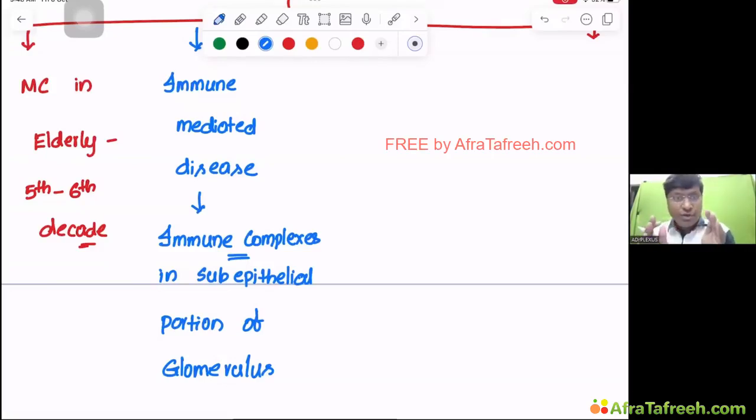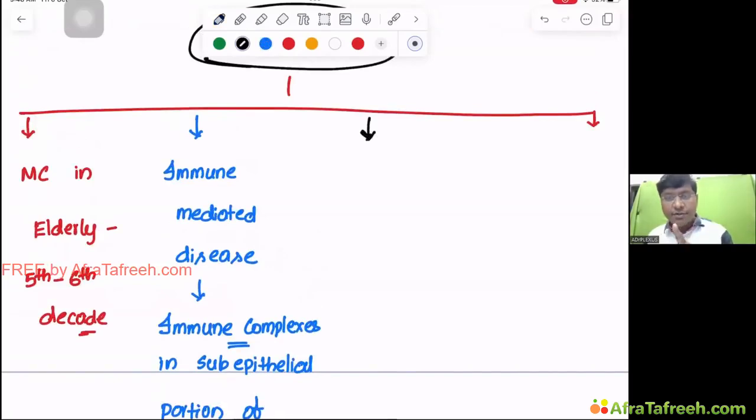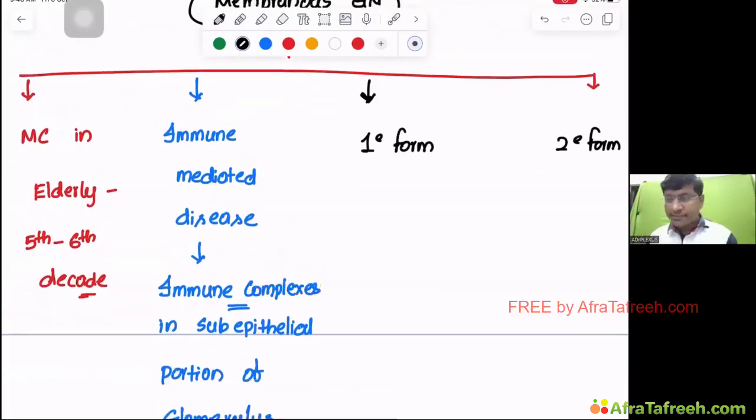Now, in this immune complex, what is the antigen? Even membranous glomerulonephritis has two forms, primary and secondary.